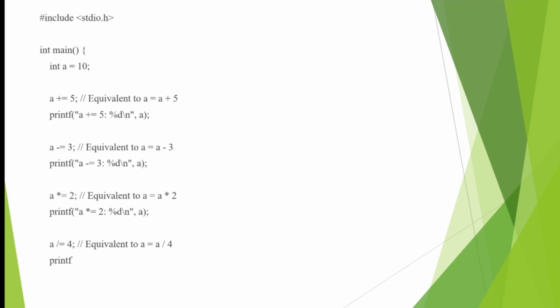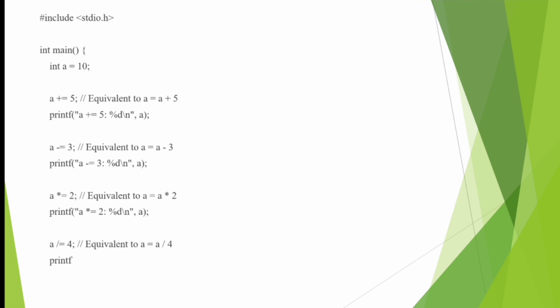And then in the next line we are using subtraction assignment, a minus equal to 3. This means a equal to a minus 3. Here a is stored as 15, so 15 minus 3 will be stored as 12. And then here we are using the multiplication assignment operator. a star equal to 2 means a equal to a star 2.